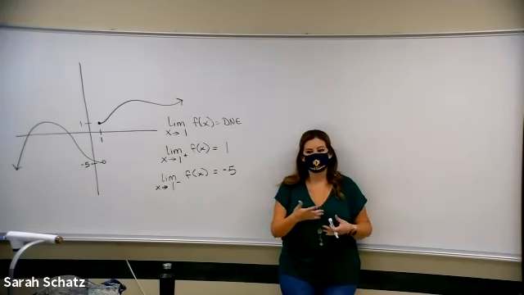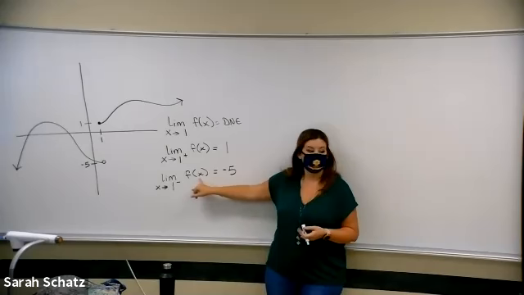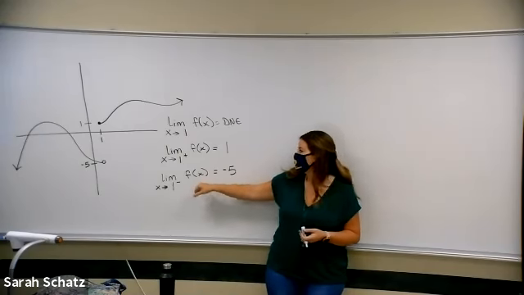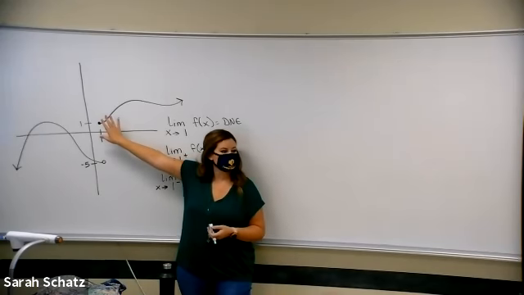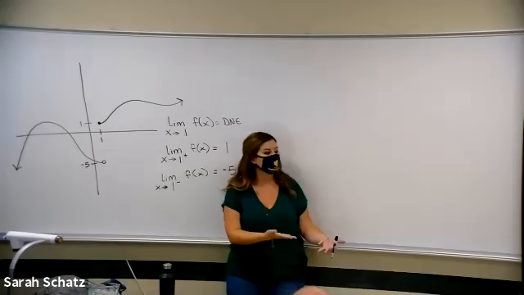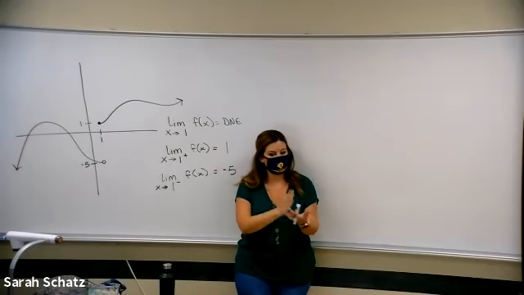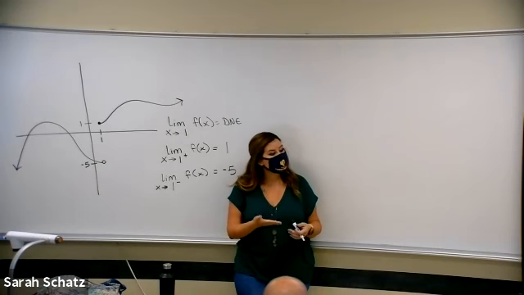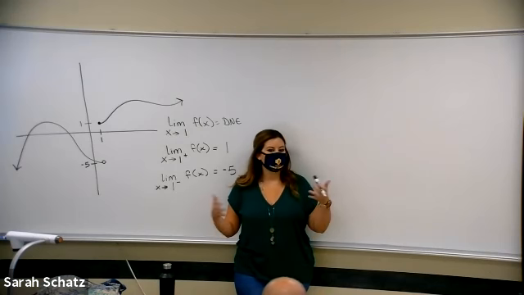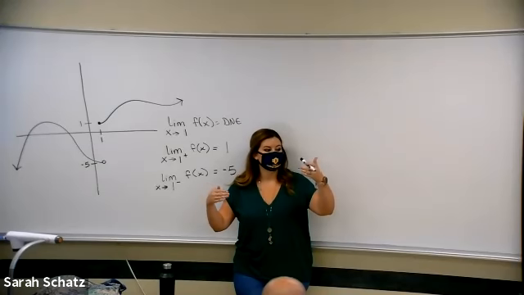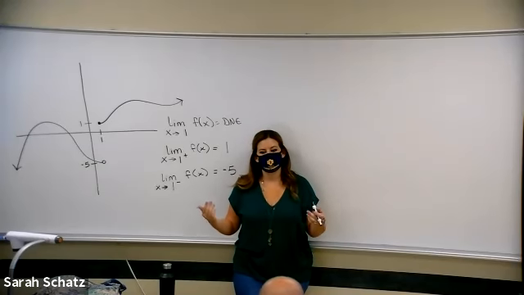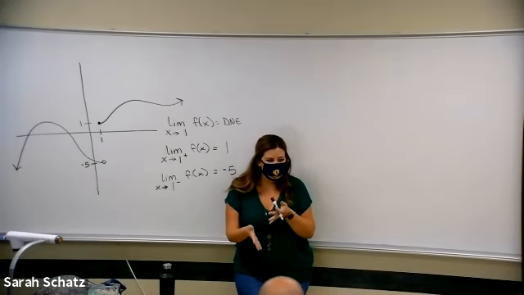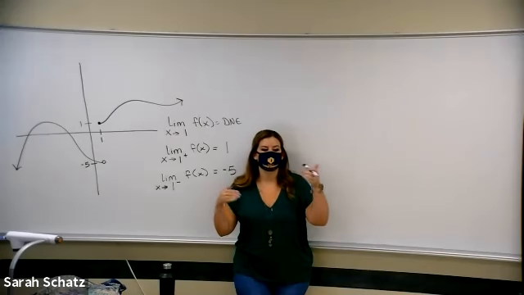If I asked for f of 1, well, actually f of 1 would be up here, but let's say that it just didn't exist at 1. Then f of 1, that actual point, you'd say, oh, that doesn't exist. There's no value there. But when we talk about a limit, all I'm concerned about is just the approach. It's more like, I don't care if it really ever makes it there, but I want to see what it's getting close to.